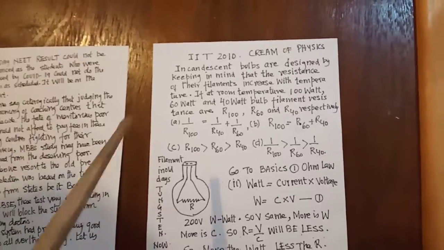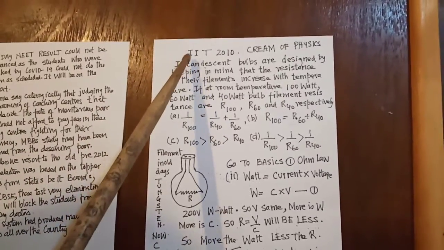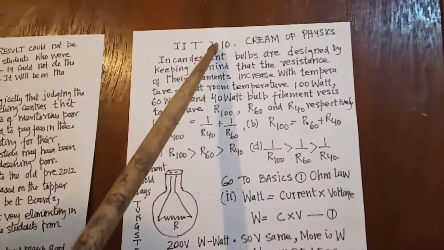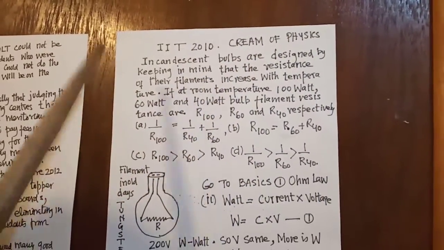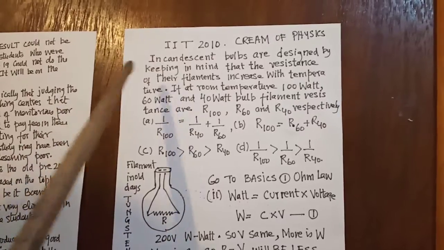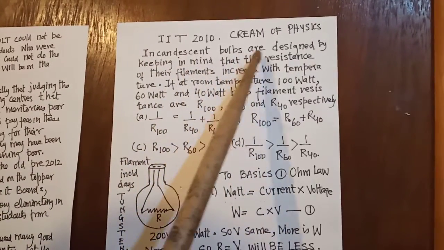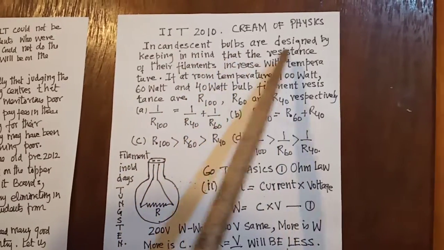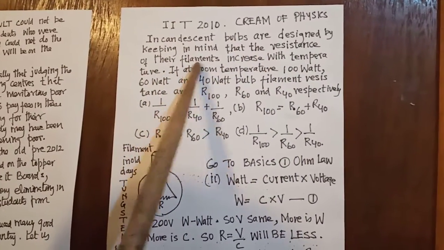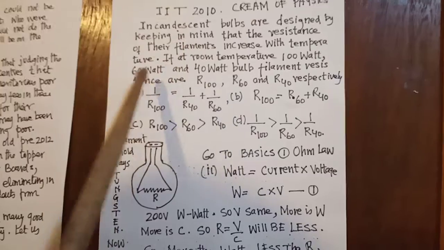So now I will come to a different question, a beautiful question by IIT in 2010. This is the cream of physics, unlike this NEET question. Incandescent bulbs are designed by keeping in mind that the resistance of their filaments increases with temperature.